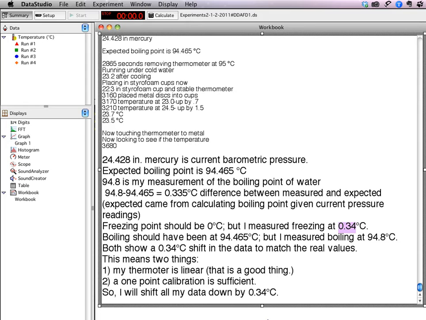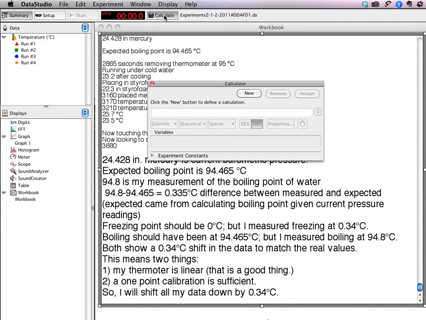So the thermometer's linear, that's a good thing, and a 1 point calibration is sufficient, so I can shift all the data down by 0.34 degrees Celsius. To do that, we're going to go into the calculator up here at the top of the screen next to the stopwatch numbers. So click on calculate and say new.